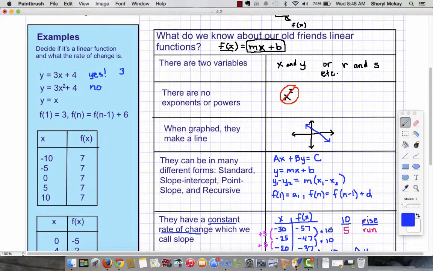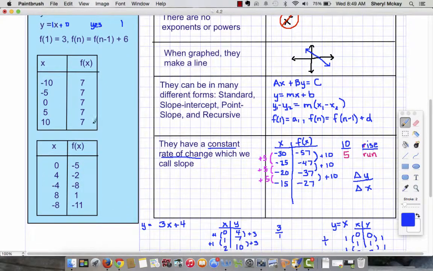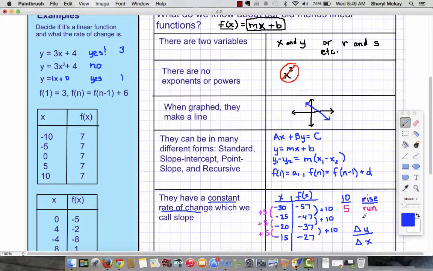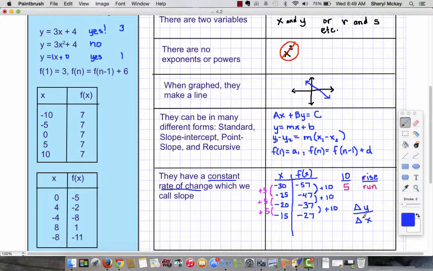So, yes, this is a linear function, and the rate of change is 1. If we put this in slope-intercept form, it would be y equals 1x plus 0. Our y-intercept is 0, so we start at 0, 0, which makes sense, since 0, 0 is a point on the line. And then I would go up 1 over 1, up 1 over 1, up 1 over 1, and I'd have a line.